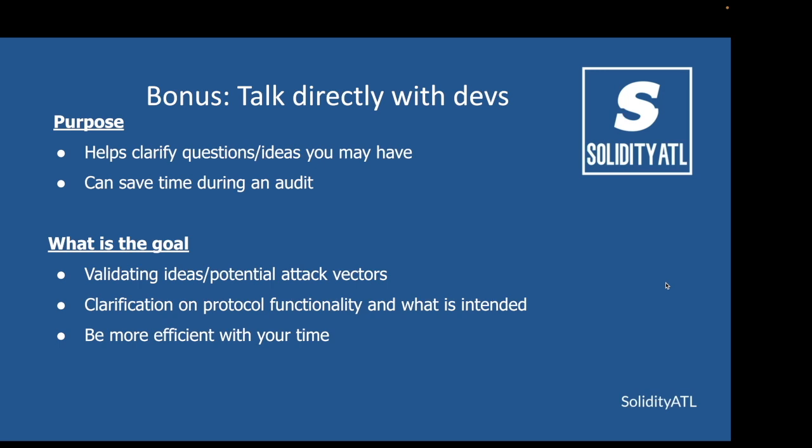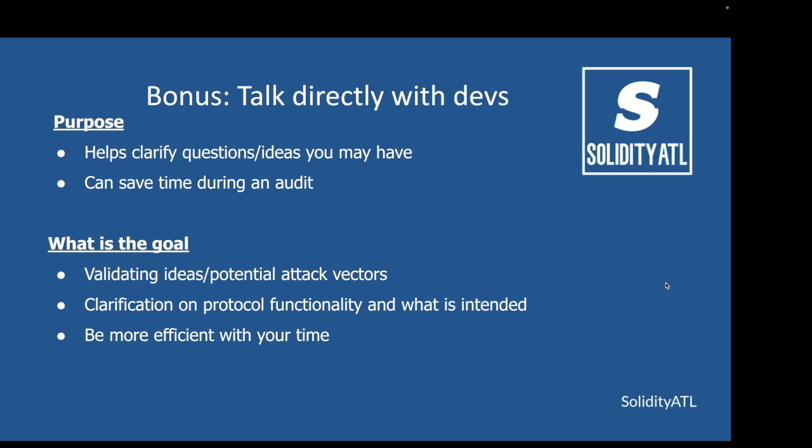And asking them directly, hey, is this an issue, or is my idea about what you're doing with this protocol in this way correct, can help you save a lot of time, where developers can be like, oh yeah, that is an issue, thanks for bringing it up. And you're like, okay, I'll add that to the report.